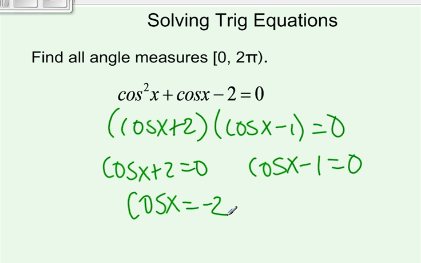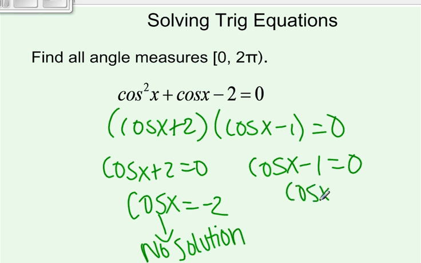That's the question you have to ask yourself. It's not, because cosine has a range between negative 1 and positive 1. And negative 2 is not in that range, so therefore there's no solution on this piece, or it does not exist. Okay, but this piece over here, we get cosine of x equals positive 1, and that does exist, right? So x is going to equal 0 there.